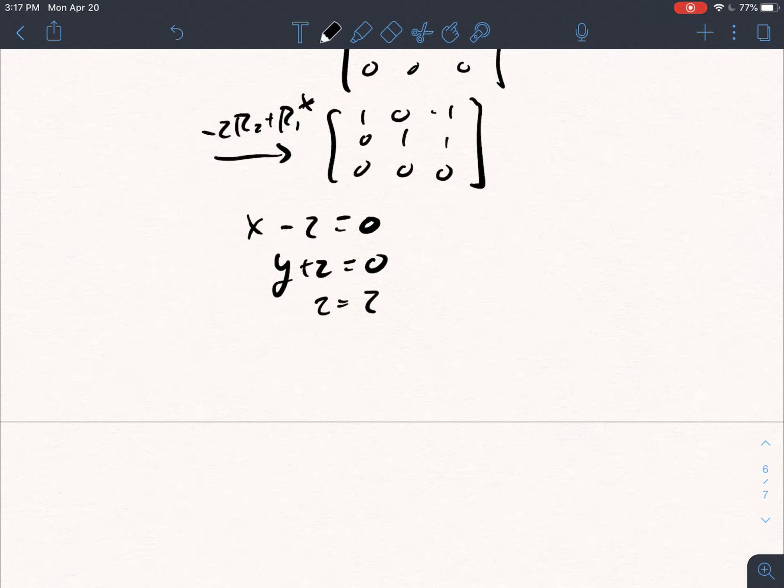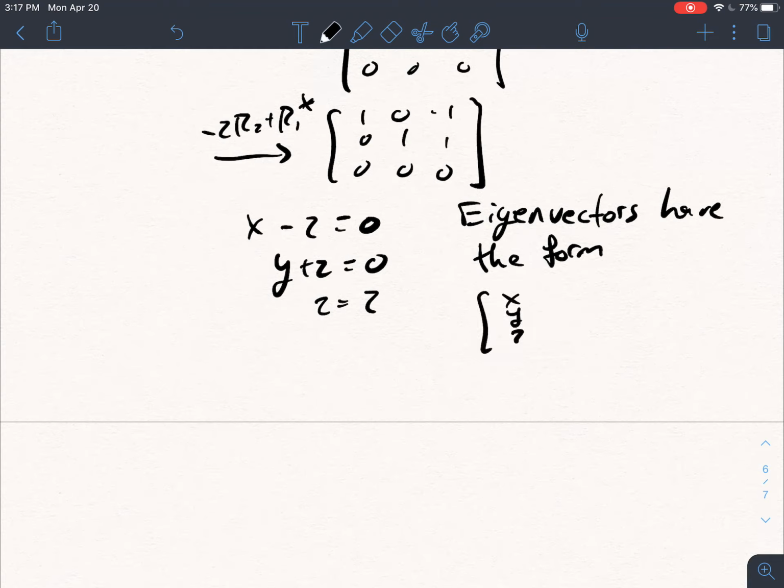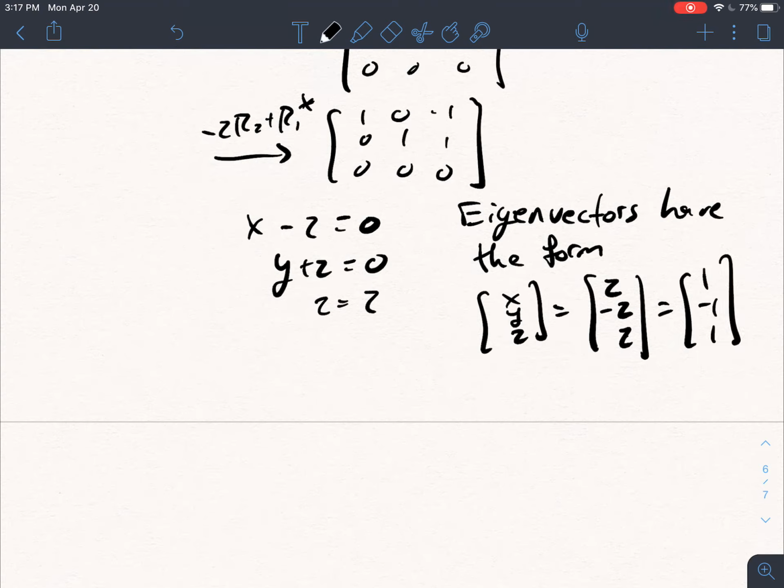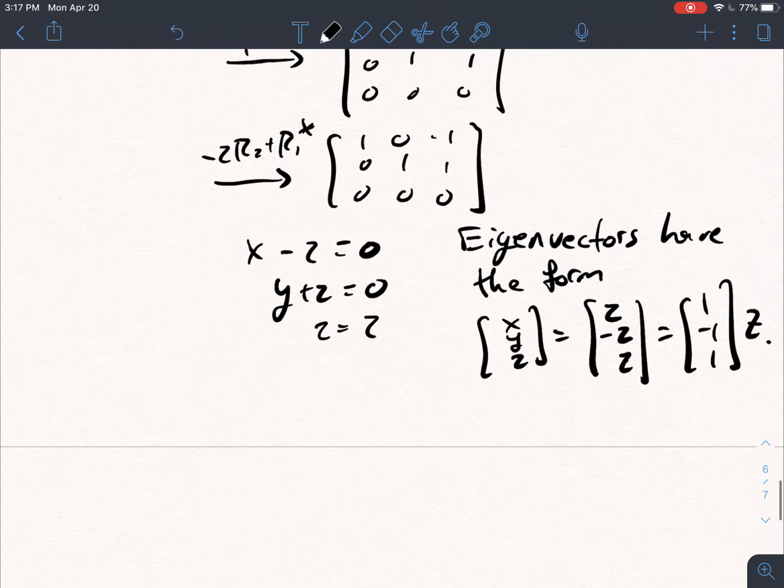So I get x minus z equals 0, and I get y plus z is equal to 0. And so z is going to be our free variable here. And so our solutions, so eigenvectors, are going to have the form x, y, z equals, so x is equal to z, y is equal to -z, and z is equal to itself.